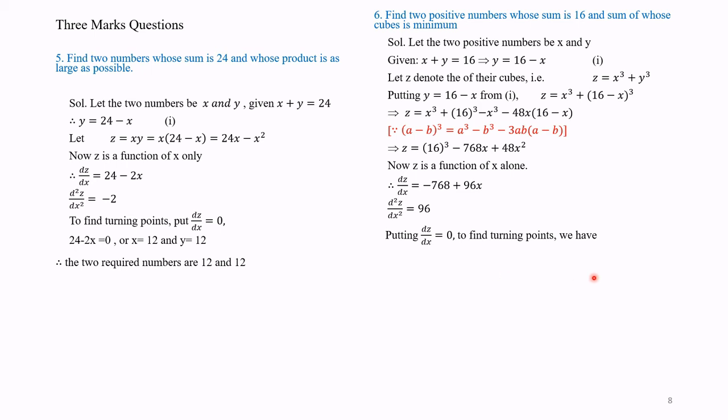These steps are explained here. Please note down or work out yourself. Therefore, at x is equal to 8, d squared z by dx squared is equal to 96. Therefore, x equals 8 is a point of local minima, and therefore z is minimum when x is equal to 8.